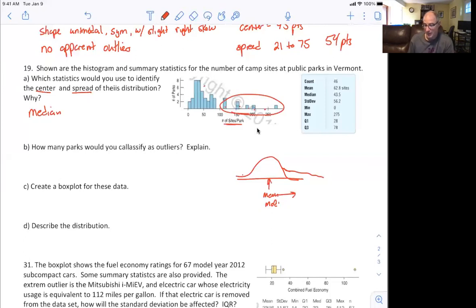Just like in my classroom data, the age of people in the room, that 21.7 overestimates the middle, because my 50 years old jacked that way up. So we're going to say the median, and then the interquartile range is automatically paired with that.